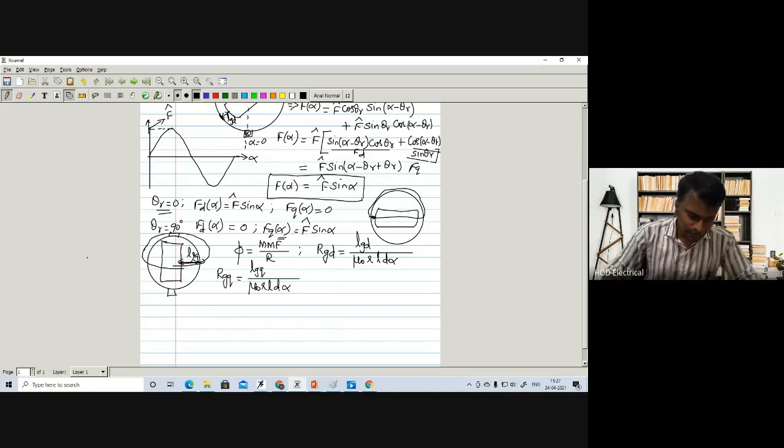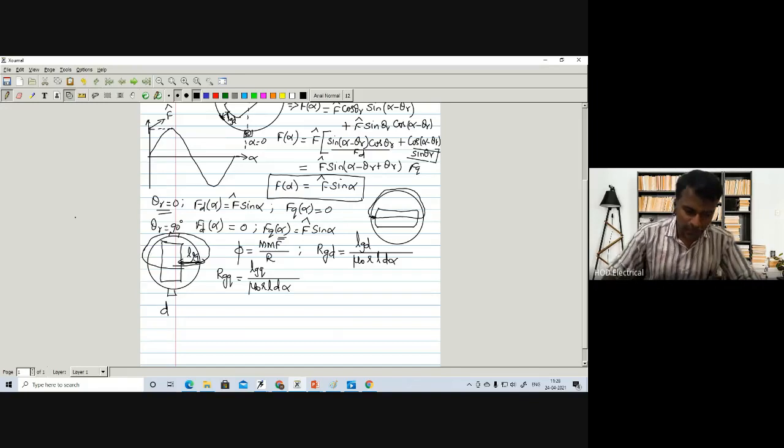Now we come to the flux linkage. What is the procedure for finding inductance? First we find the magnetomotive force, then the flux linkage, and the flux linkage divided by unit current is nothing but inductance.